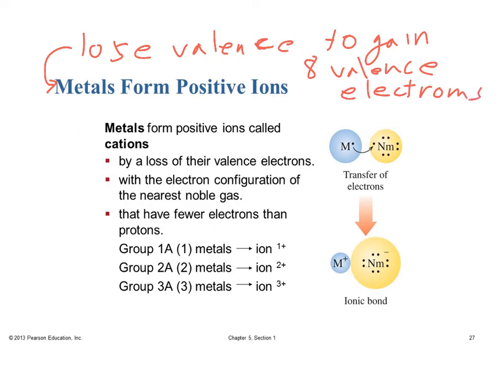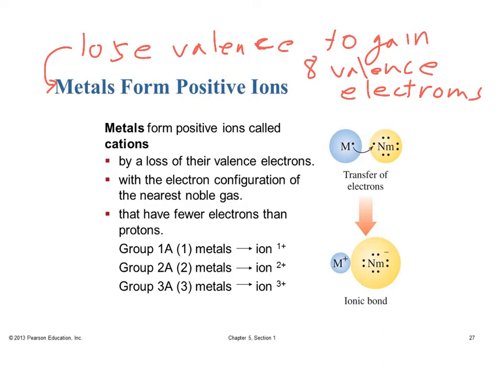The elements that do this are going to be metals, basically from group 1A, 2A, and 3A. How can they lose electrons and wind up having 8?